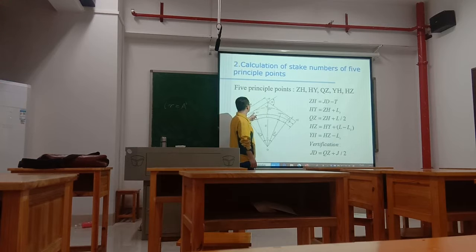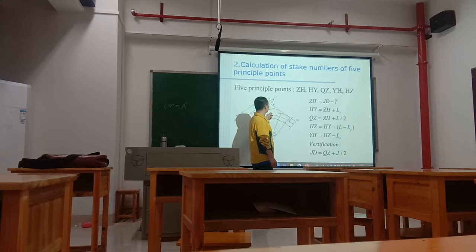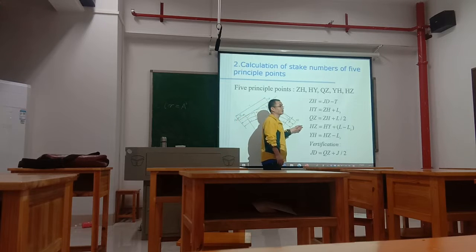HY is the joint between the transition curve and the circular curve. YH is the joint between the circular curve and the transition curve. HZ is the joint between the transition curve and the straight line.